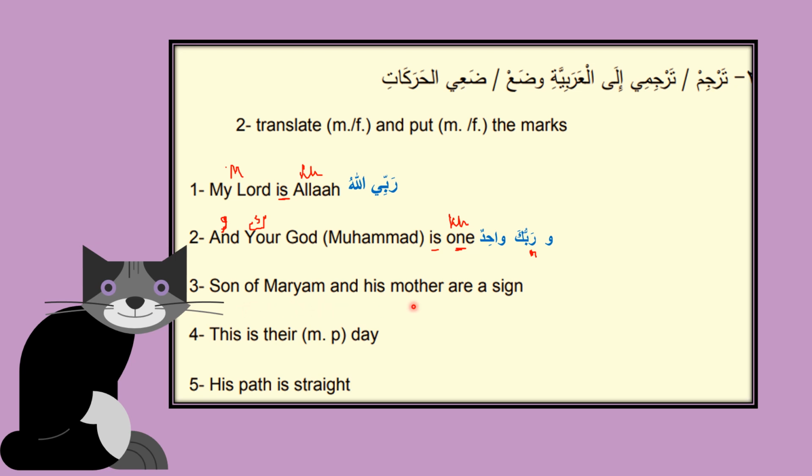And his mother. So there are two idafas. Remember, there are two idafas. First of all, the idafa of nouns, and there is an idafa of noun plus damir, right? So you need to check this. Noun and noun, and noun with damir. And there is a wa in between, harf atf, "are a sign".